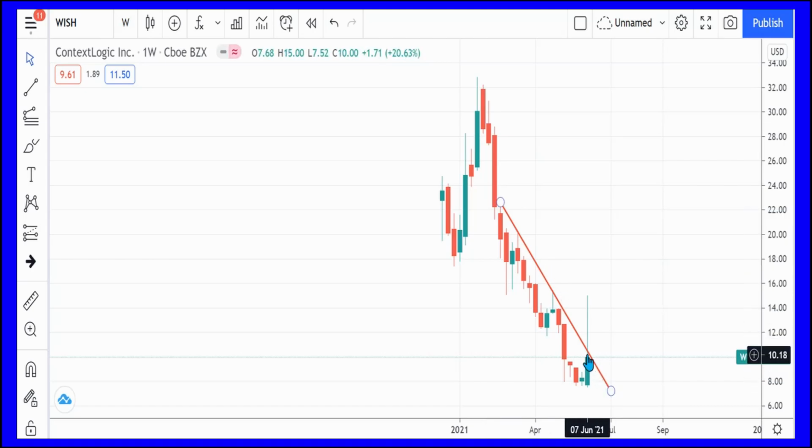It's still below the trend line. So if you look at the day chart and you're very bullish on it, please look at the bigger picture, go to the weekly chart. You wouldn't see that. So our analysis tells us that it might go into a sideways pattern first.